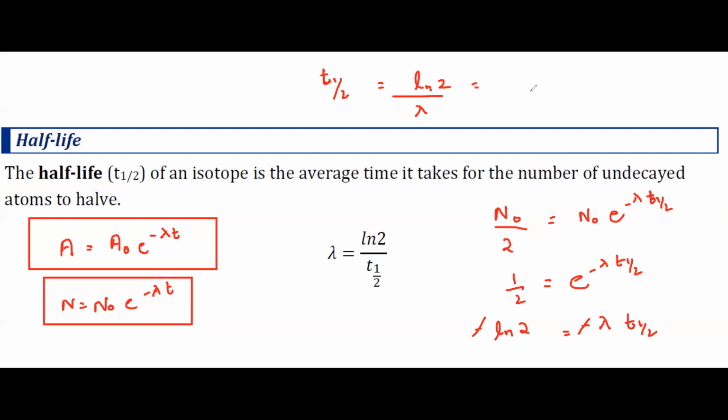And ln 2 is 0.693, so 0.693 divided by lambda equals the half-life. Or if we need lambda, the decay constant, then 0.693 divided by the half-life gives us the decay constant.